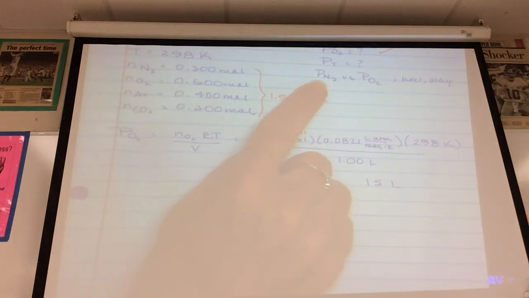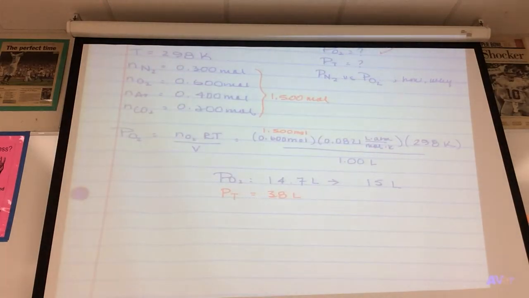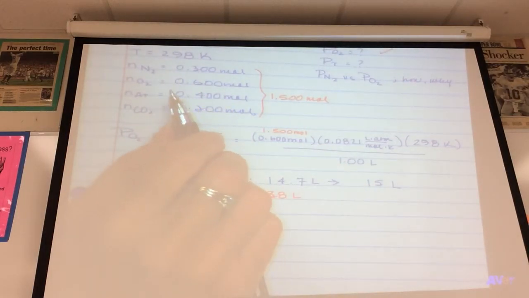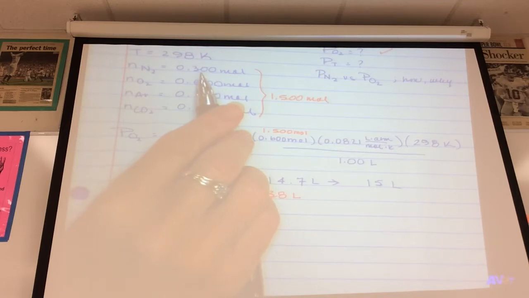Next question. Compare the pressure of nitrogen gas with the pressure of oxygen gas. I don't want to do all this work again. What could I do? Take the 38 atm. Could you find the same ratios? Yeah. Exactly. Work on the ratio aspect. So how many times more is oxygen gas than nitrogen in regard to moles? Well, let's do it the other way.